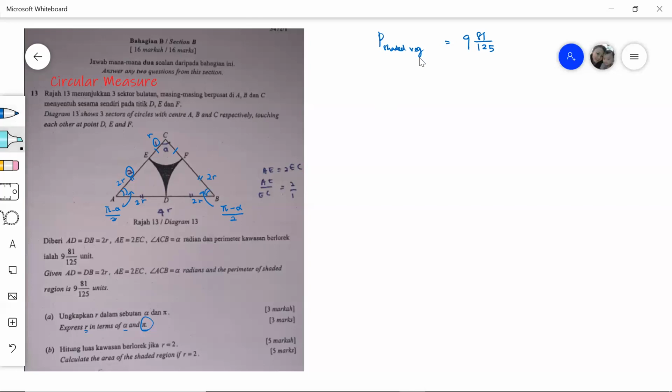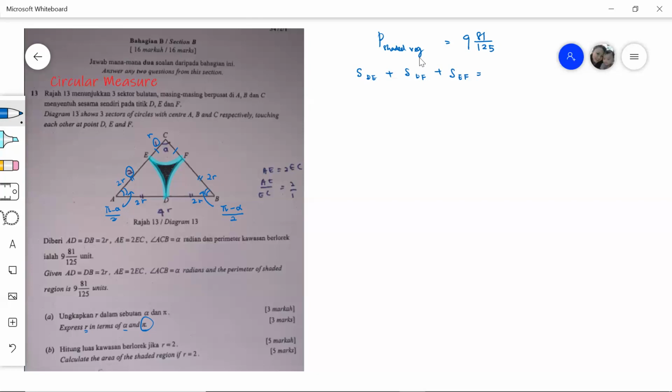The perimeter of the shaded region actually consists of the arc of the small sector and the arcs of the two big sectors. Therefore it will be arc DE plus arc DF plus arc EF equals to, at this moment, I shall change the mixed number to an improper fraction.